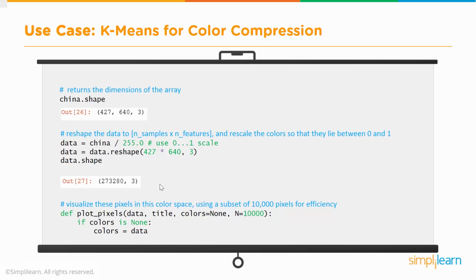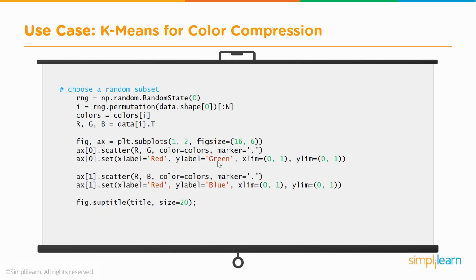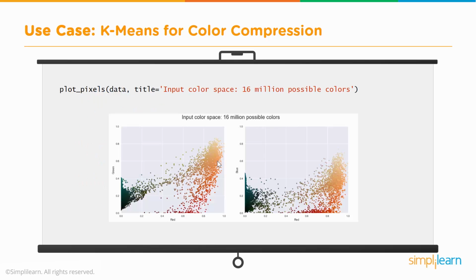We just reshape it and then feed this to our algorithm, and this will then create only 16 clusters. There are millions of colors, and now we need to bring it down to 16 colors. So we use k is equal to 16, and this is how it looks when we visualize. These are all about 16 million possible colors.